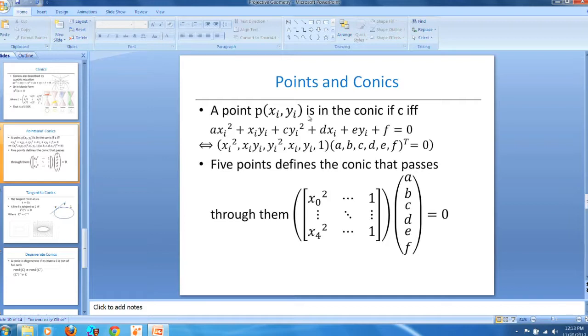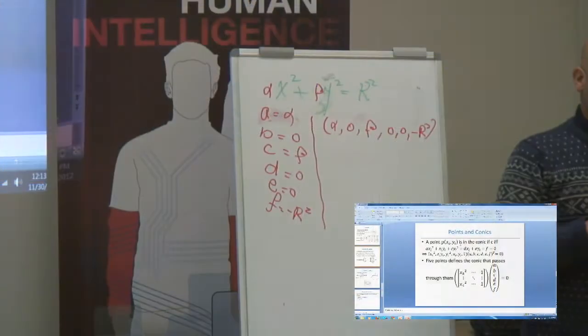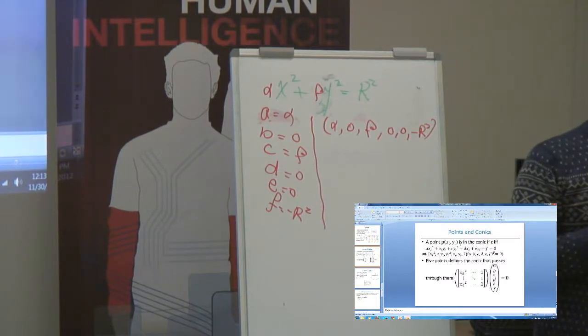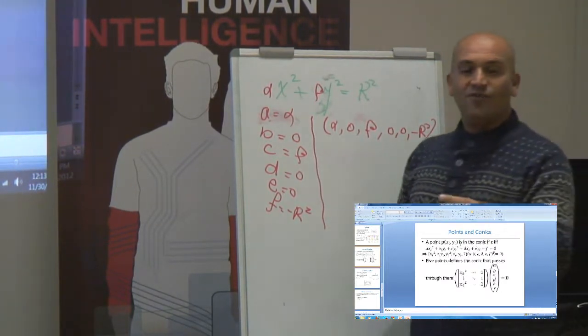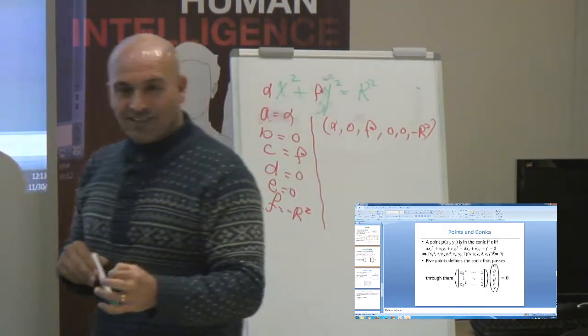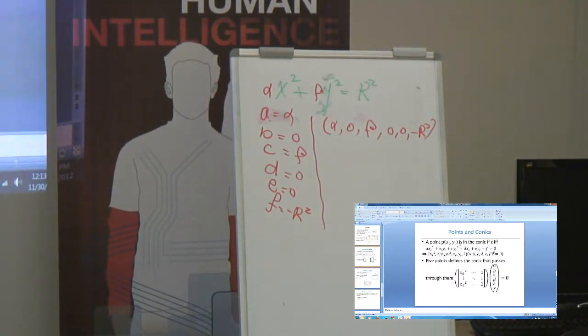We can write this as a vector representation, and this will give us 0. Now, how many points do I need to define a conic? If it's a circle, how many points do I need?